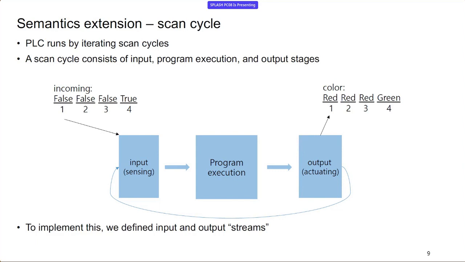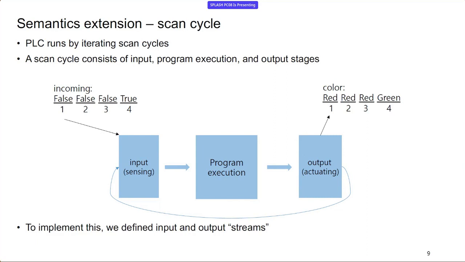For example, let's say there is an input variable called incoming and an output variable color. In the first cycle, let's say it gets the false Boolean signal, and then the value of incoming is set to false before the program execution.